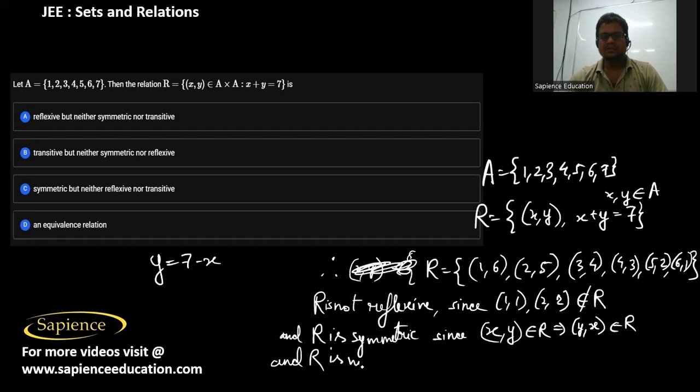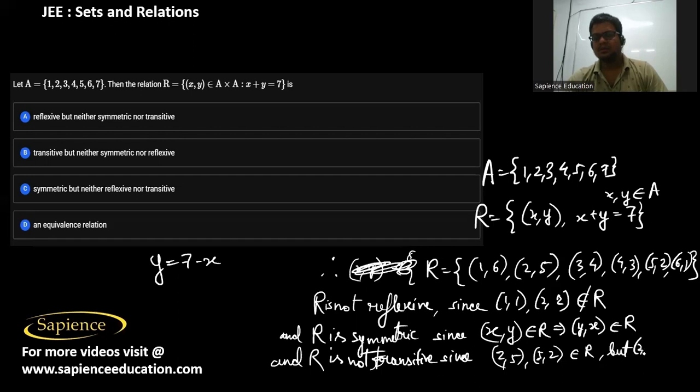R is not transitive also, since here we can see that 2 comma 5 is there and 5 comma 2 also belongs to the relation R, but 2 comma 2 does not belong to the relation R. So it is symmetric, but neither reflexive nor transitive. So option C is the correct answer.